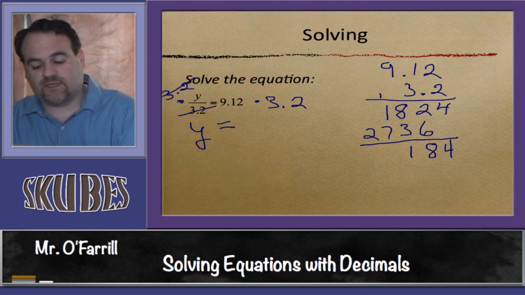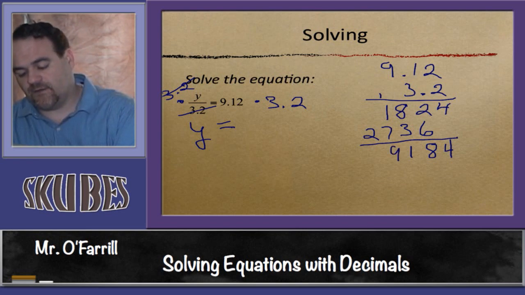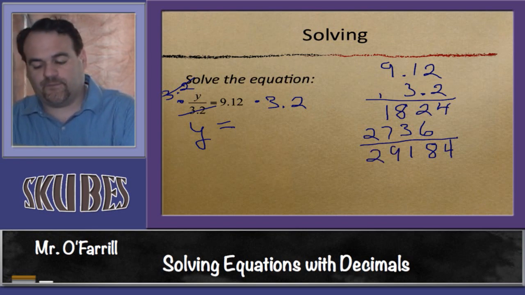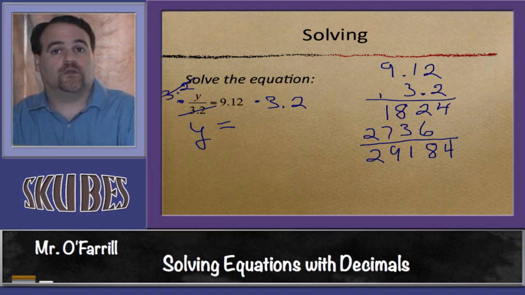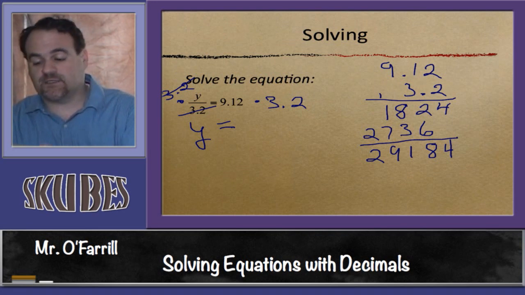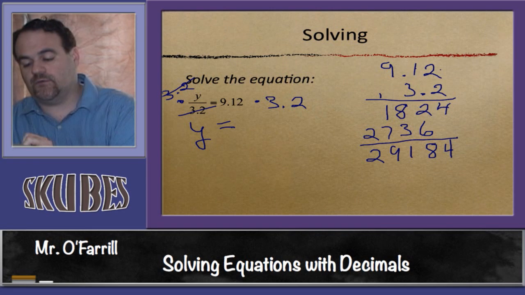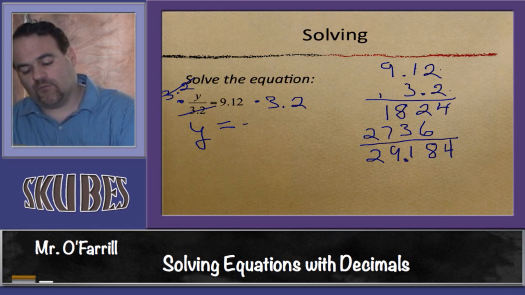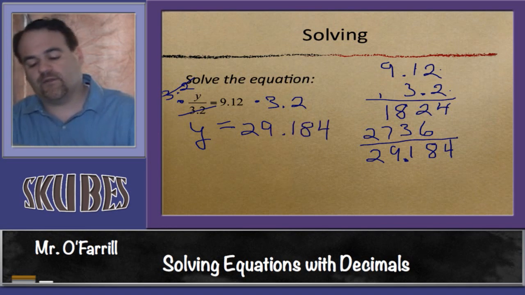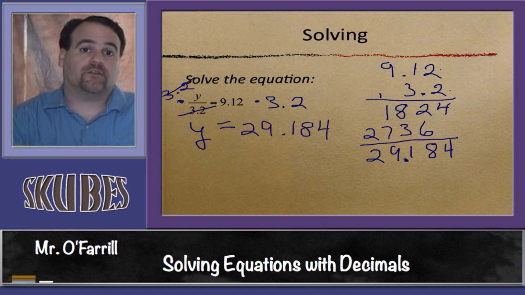Carry the 1. 7 and 2 is 9. And there's our 2. How many total places do we have behind the decimal? 1, 2, 3. Y equals 29.184. And that's how you solve algebraic equations with decimals.